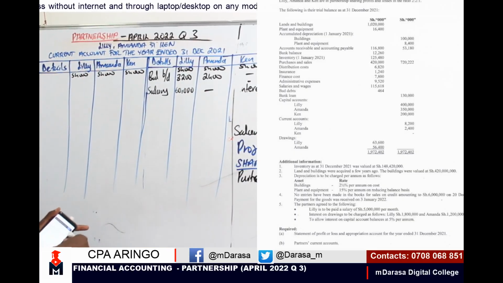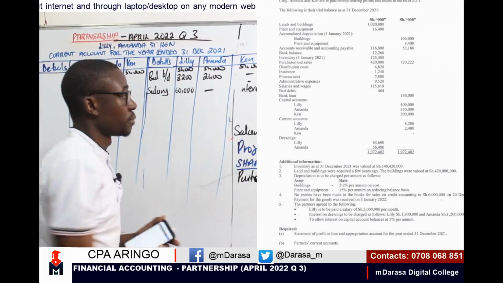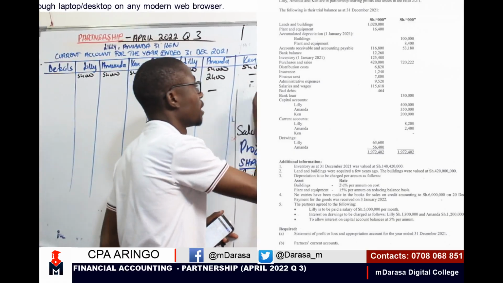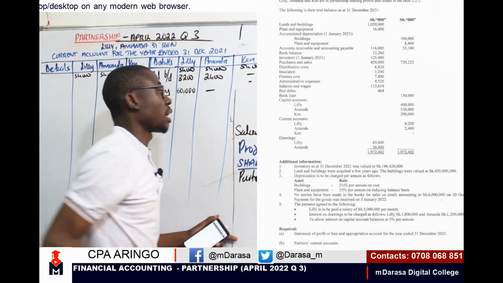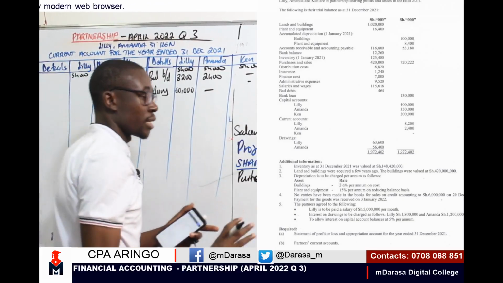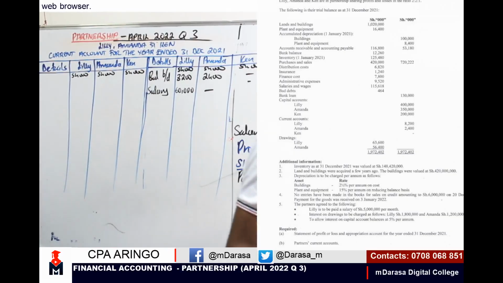Talk of interest on capital. I'm having these figures here, the one that I'm erasing. Remember, I'm doing it so that we should clearly see where our figures are coming from.